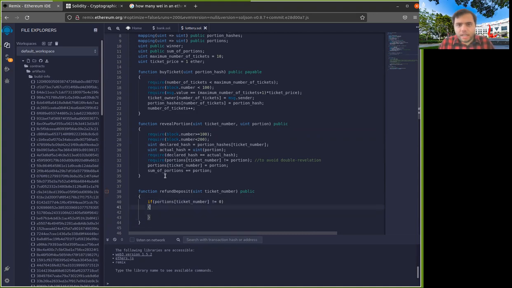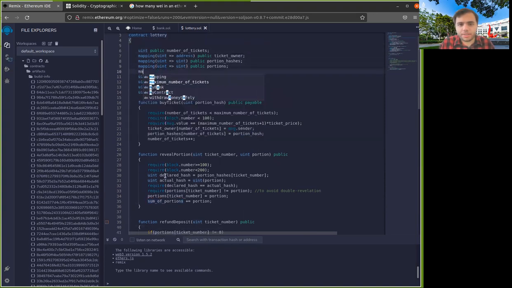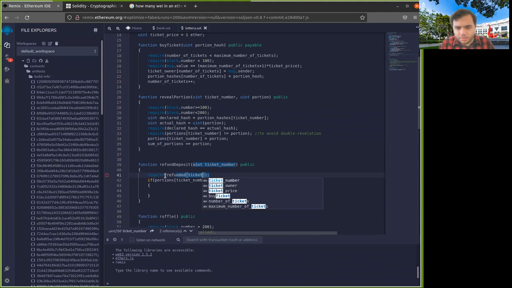Of course, since I'm using mappings, let's just use more mappings here. I create a mapping called refunded to make sure that I don't refund someone more than once. Here I just require that refunded of ticket number is false, so that I haven't refunded this particular ticket number before.